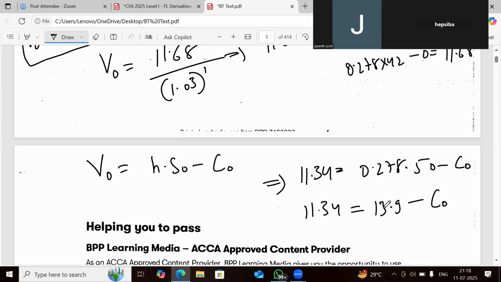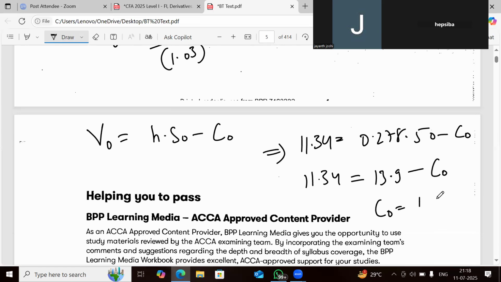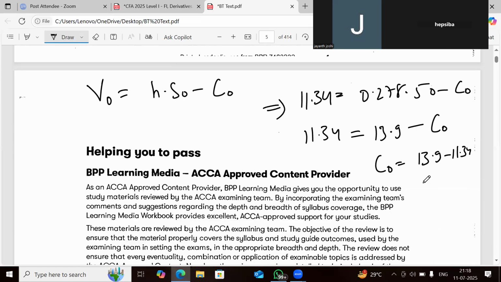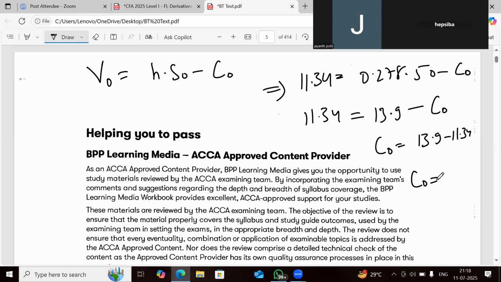So I'll bring this call here: 13.9 minus 11.34. The value of the call option as on today is what? 2.56. This is your answer.